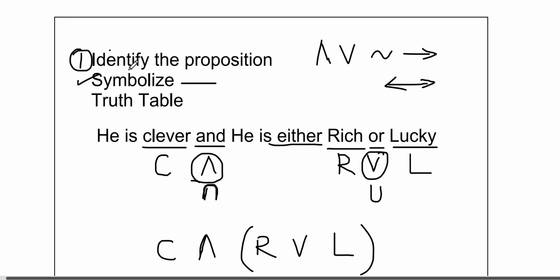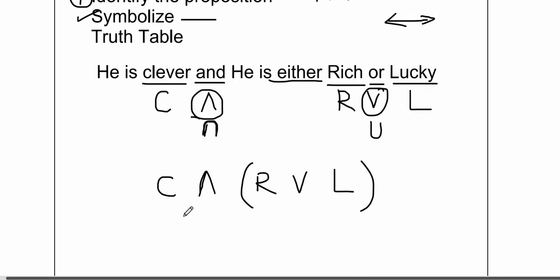So we have to determine the dominant connective symbol. In this case, this entire part is one part, and this is the other part.